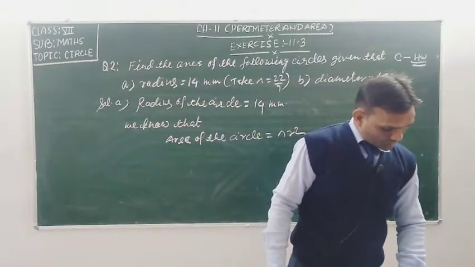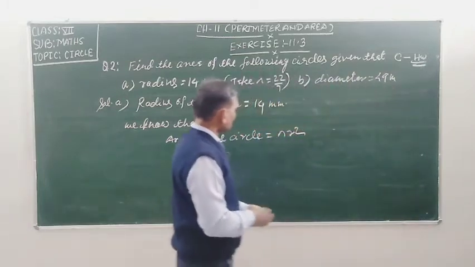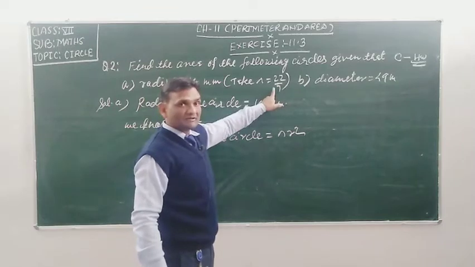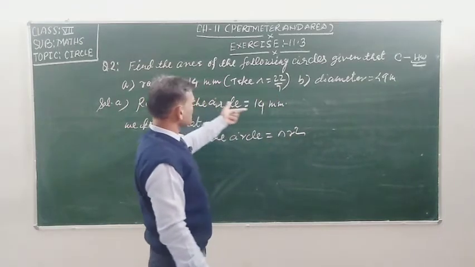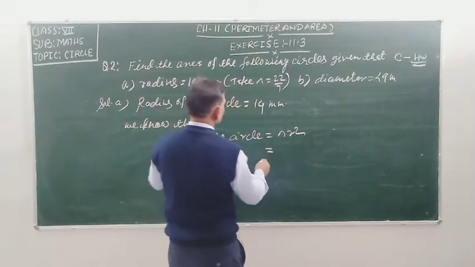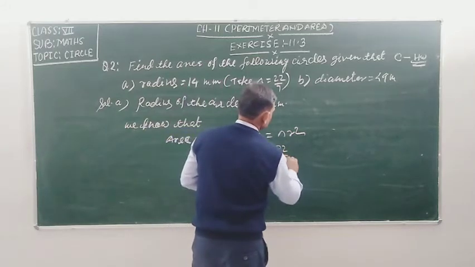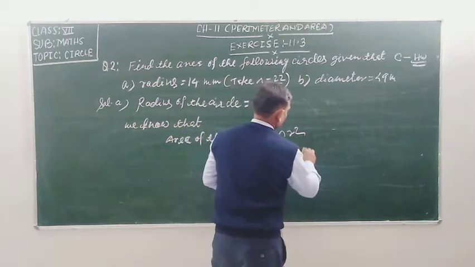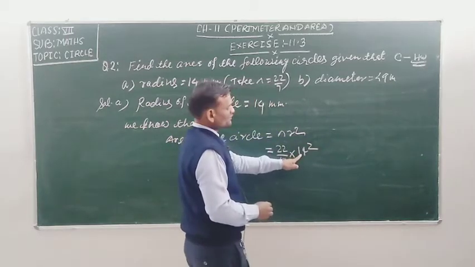So student, in the place of pi we can write 22 upon 7 and r is given already in the question. So directly we can find out the area: 22 upon 7 into 14 square.